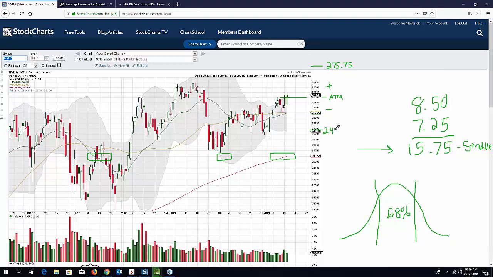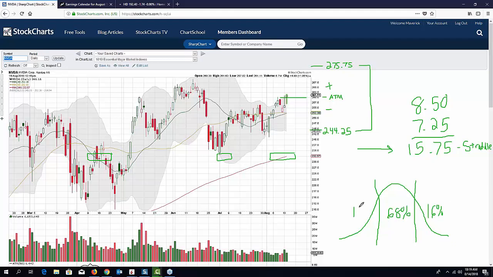So when we look at this trade, the options market is actually telling us that 68% of the time, about two-thirds of the time, it's going to finish in this range, right? Statistically, that's probable. But that leaves us with 32% left over. That tells us that 16% of the time, you're going to have a bigger outlier up here.